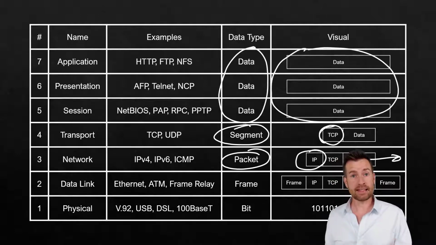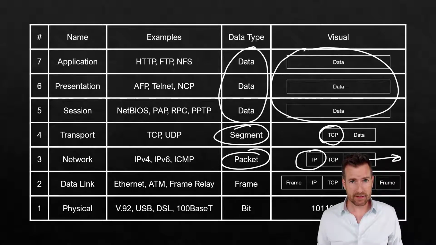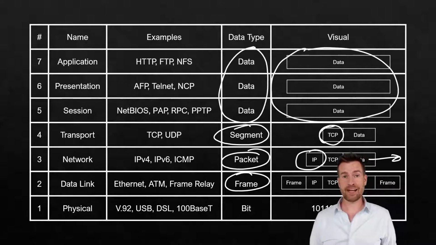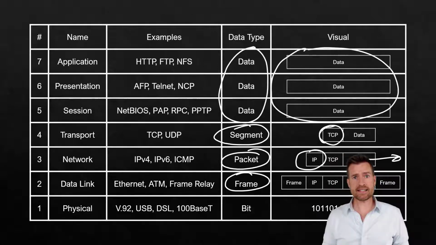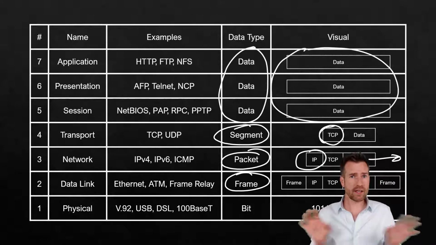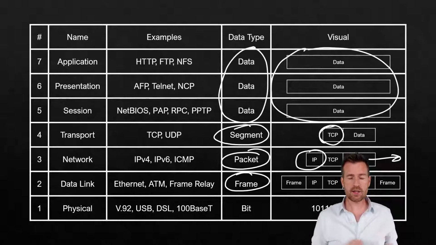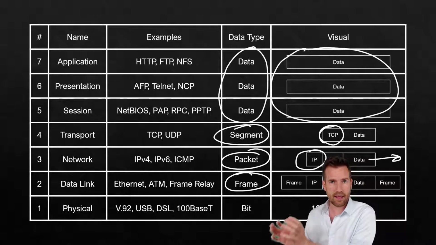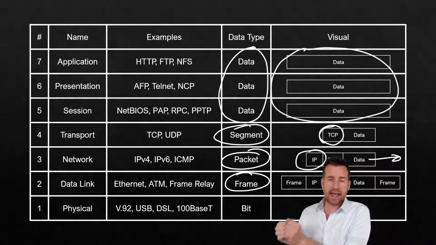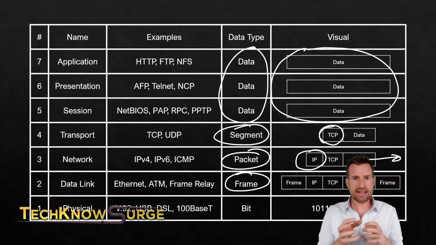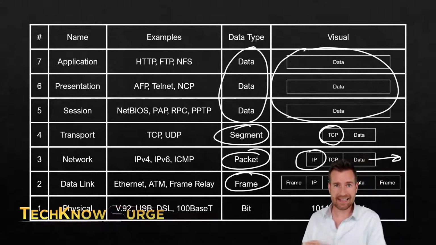So then we have layer 2, or the data link layer. Layer 2, the data link layer, we call that a frame. And this is the one that is going to exist only on the local area network. So it's going to attach this information just to get it to its next hop, its next area, and once that happens, that information gets pulled off, and new information gets put on to send to the next one.